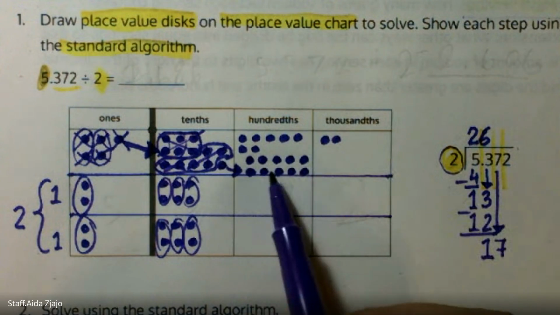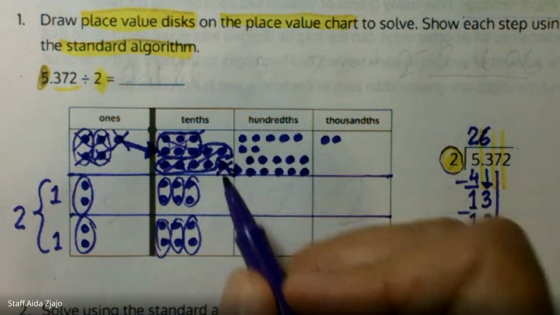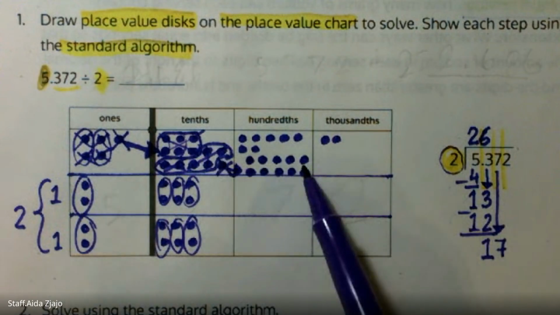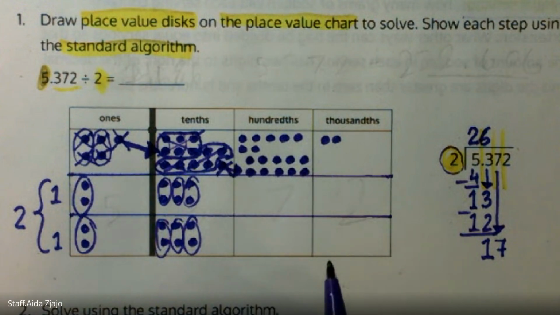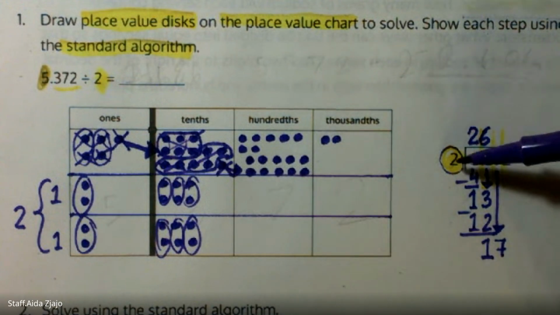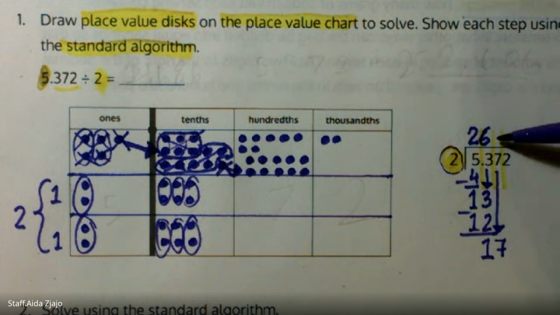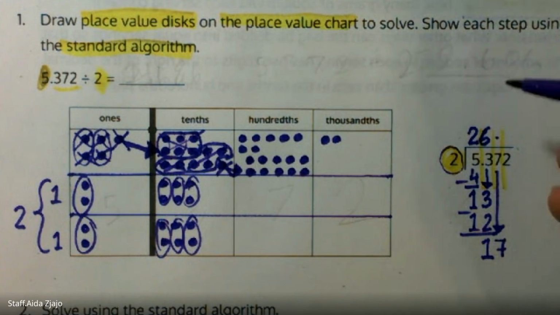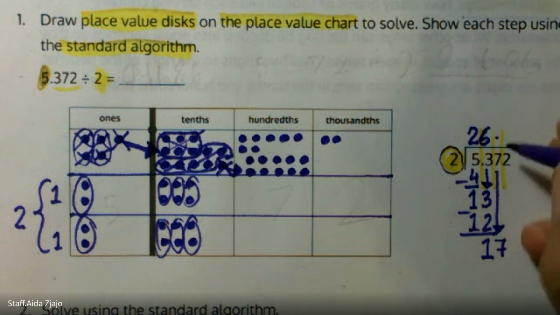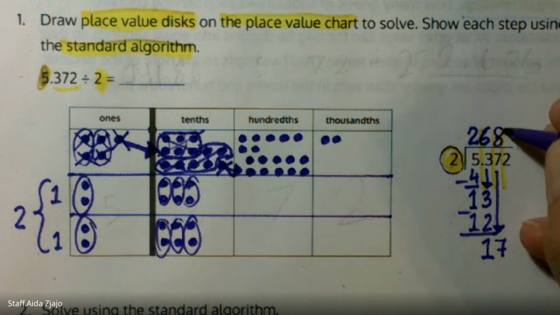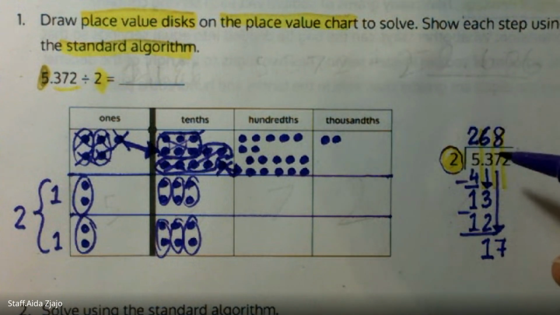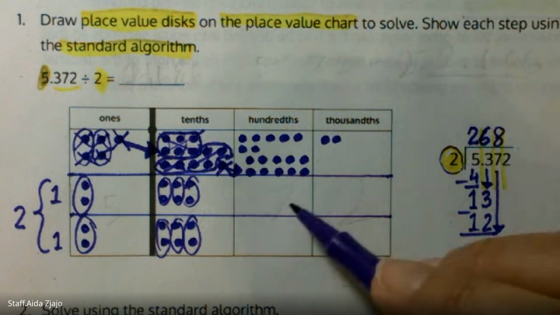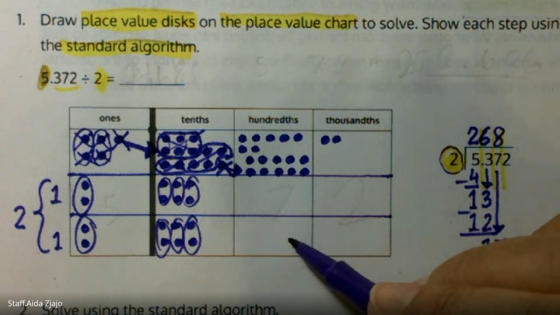I don't have that one tenth anymore, but I have 10 hundredths, and with the 7 together that is 17 hundredths. If I think about what 2 times what is really close to 17, I can think, 2 times 8 is 16. So I can make 8 groups of 2, or I can share equally 8 and 8.